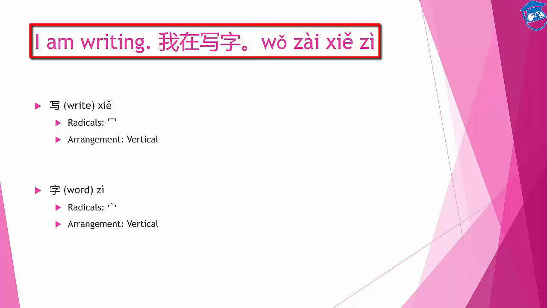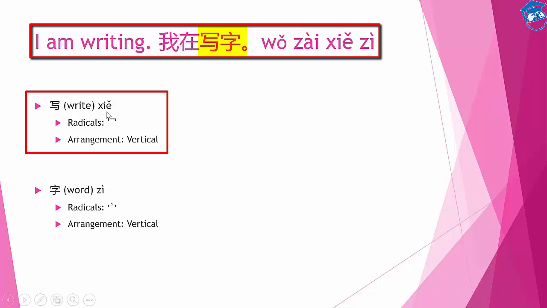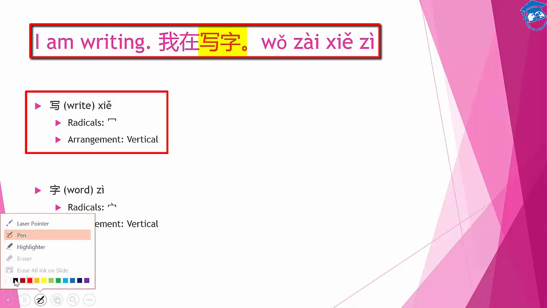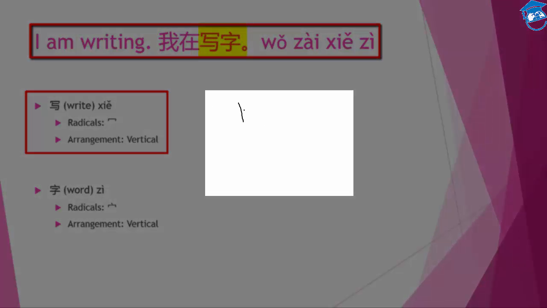So the two new words are the two last words here. 写 means write, and then this is the pinyin, and then the radical is what's on top here, and the arrangement is vertical. Now I will show you how to write 写. 1 2 3 4 5 写.